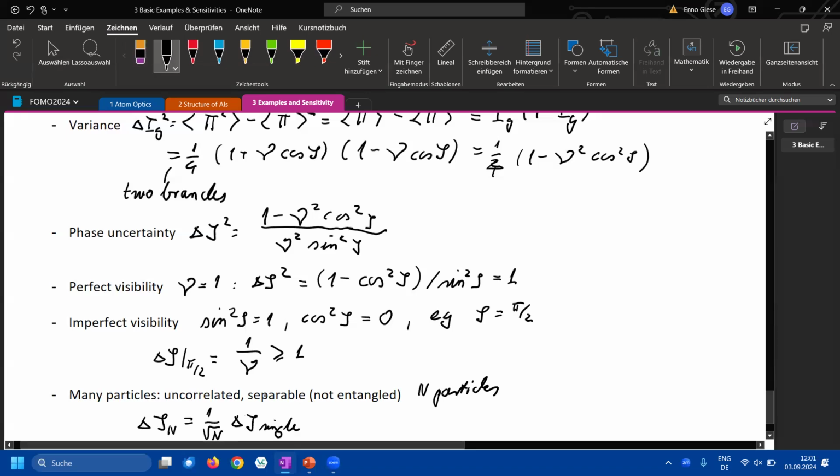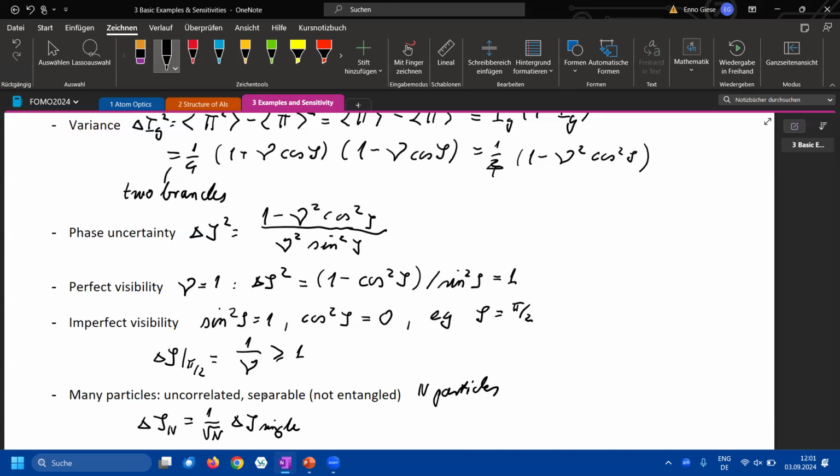And this is called shot noise. For entangled particles, you can get around that, but it's very difficult to do. If you just have an ensemble of n atoms, your overall phase sensitivity drops.